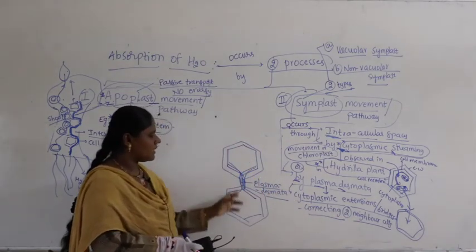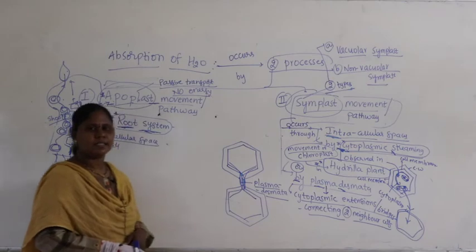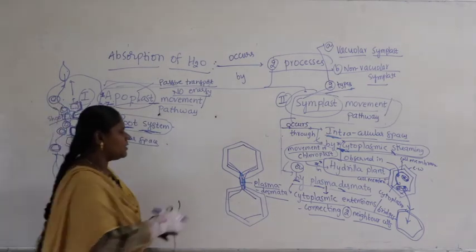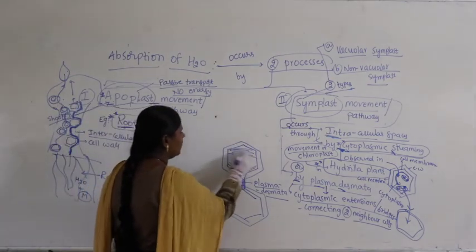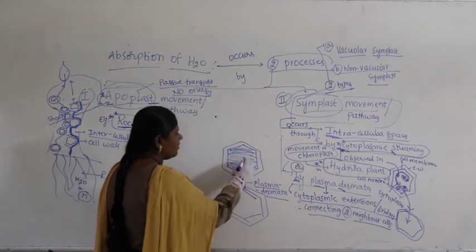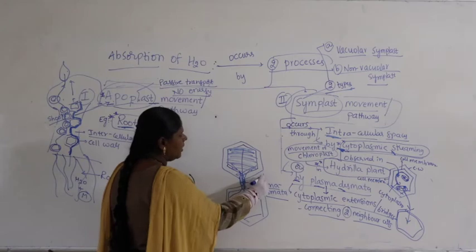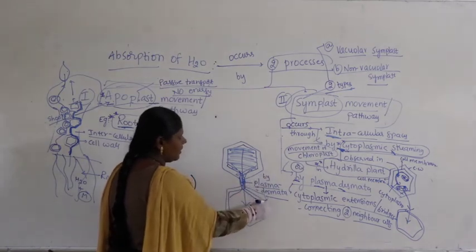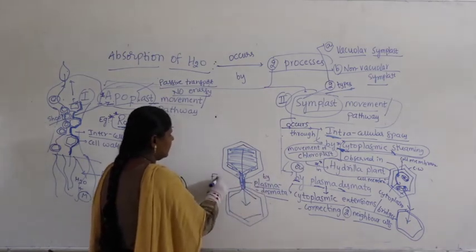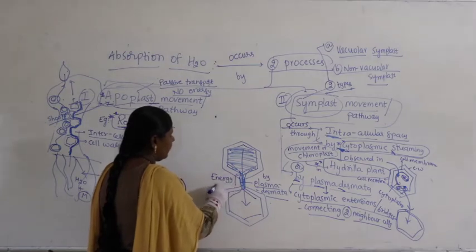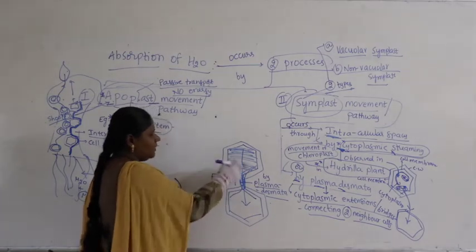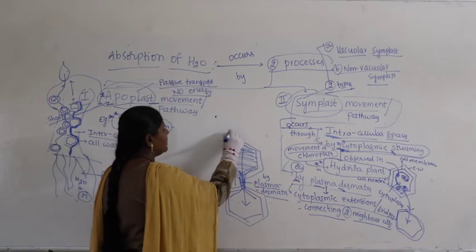Now, what happens when the cell is fully filled? Excess amount of fluid enters into the next empty cell by plasmadesmata, and this occurs with the help of energy or ATP.